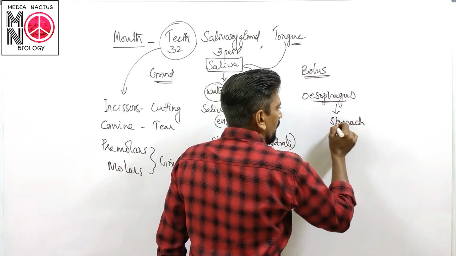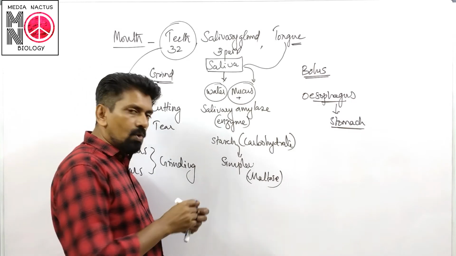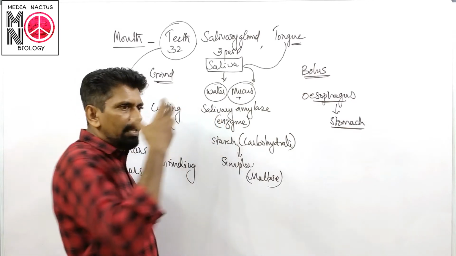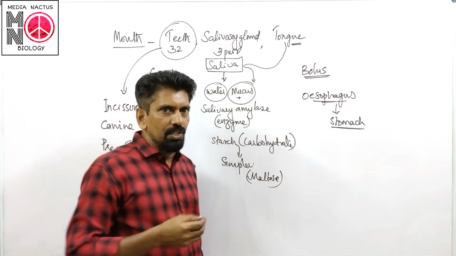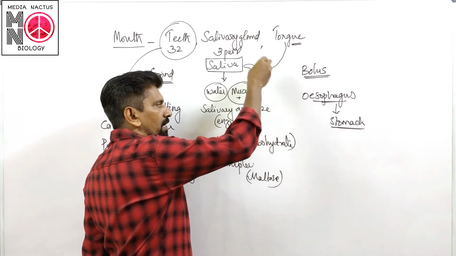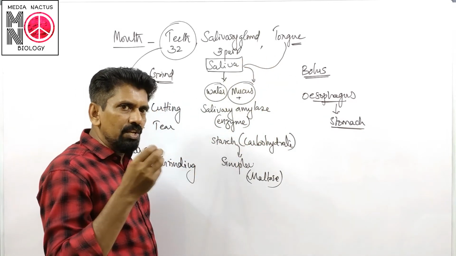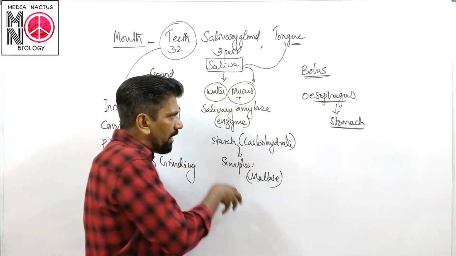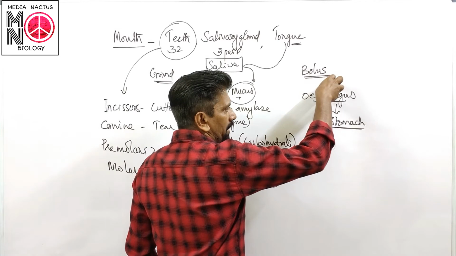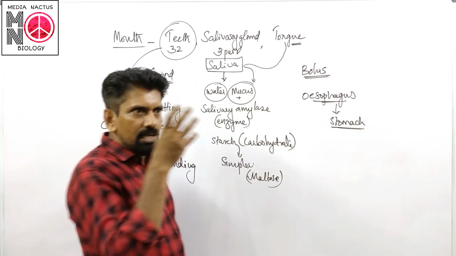For that, the lining of the esophagus also produces mucus. Actually, our digestive tract is very smooth, so the lining which produces the mucus supports the easy movement of the food toward the stomach region. In addition to that, the esophagus produces a certain type of movement.